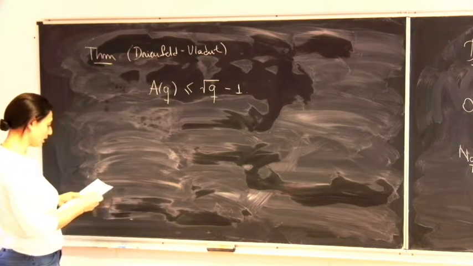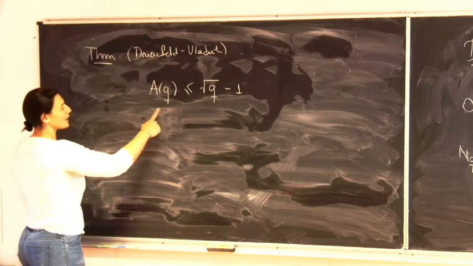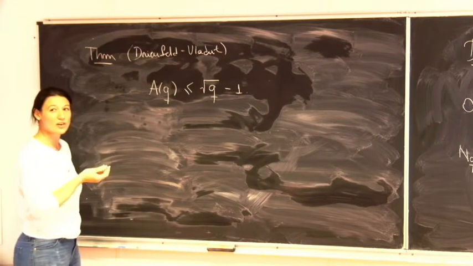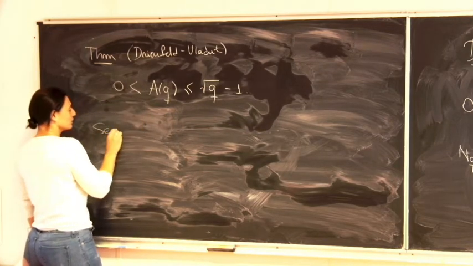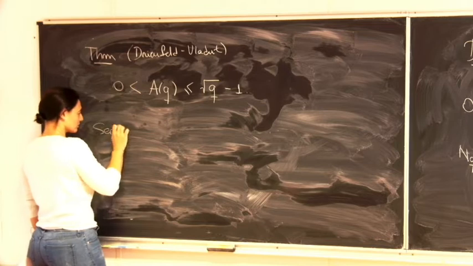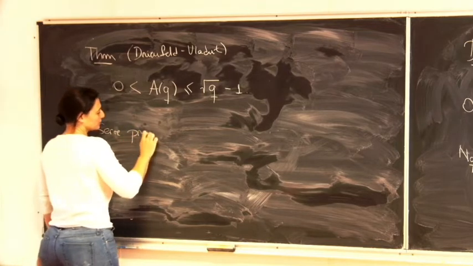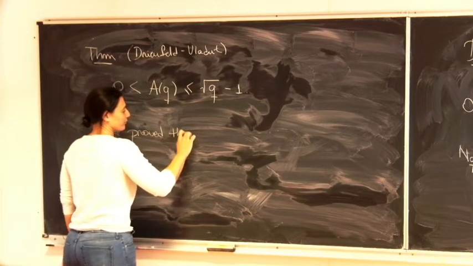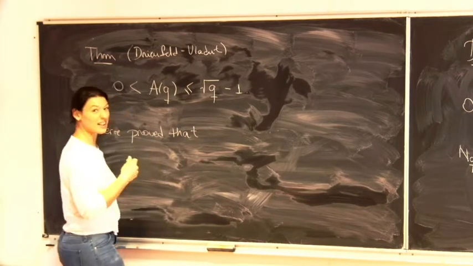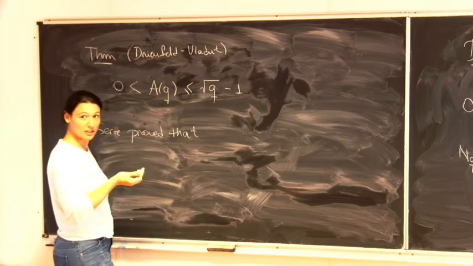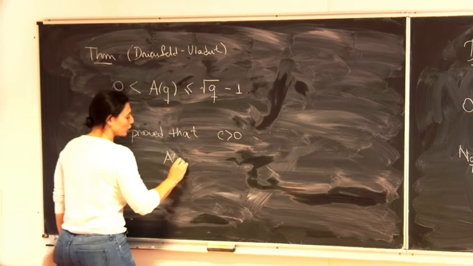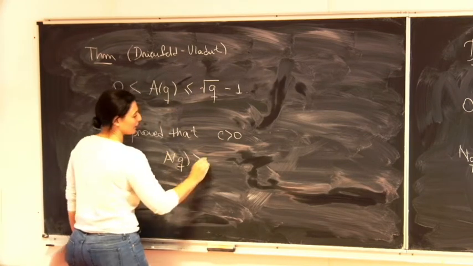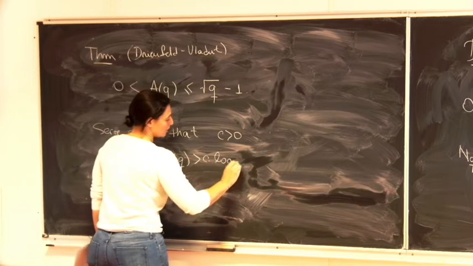And also we know that this actually is never 0, is bigger than 0, because Serre proved that there is a constant C, such that for all q, this is bigger than C log q.